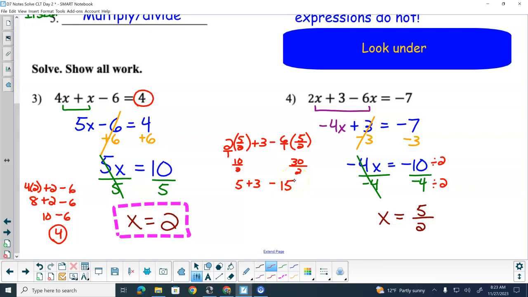So we get 5 plus 3, which is 8, minus 15, which is negative 7, and negative 7 is equal to negative 7. Check.